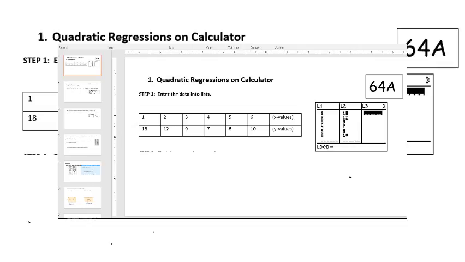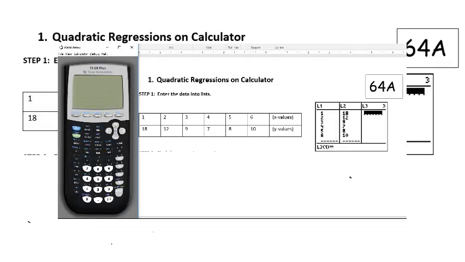Here's our first group of data. When we have the data, we're going to enter the data on the list. I'll pull up my calculator, and we will go to Stat, and we will hit Edit. It will bring us L1 and L2.